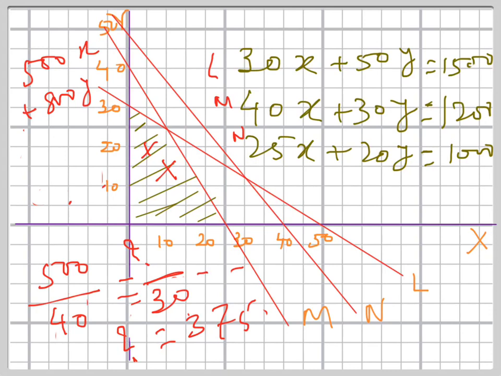Then for that you will have to make it parallel to the L line, so you will have 500 divided by the coefficient of x here, which is 30, equal to that question mark divided by 50, and then when you solve, obviously you will be getting the value of the profit on paint B, so that you have multiple optimum solutions with x less than 10.